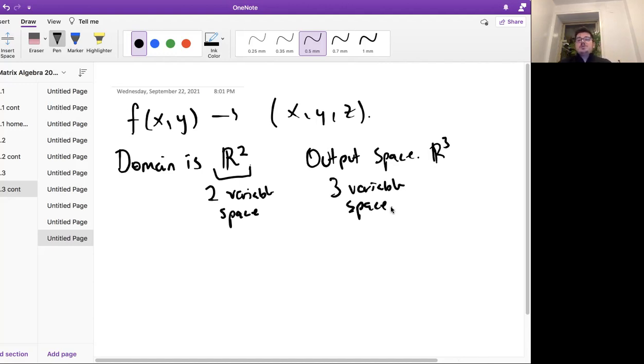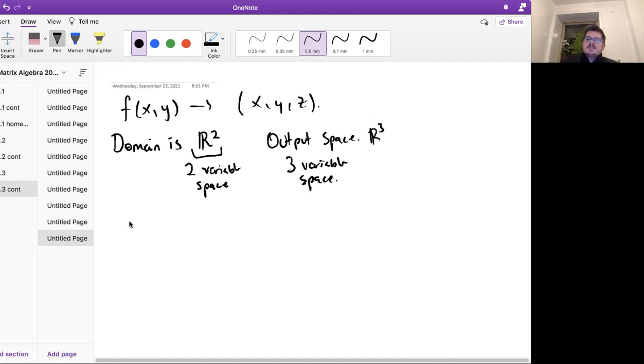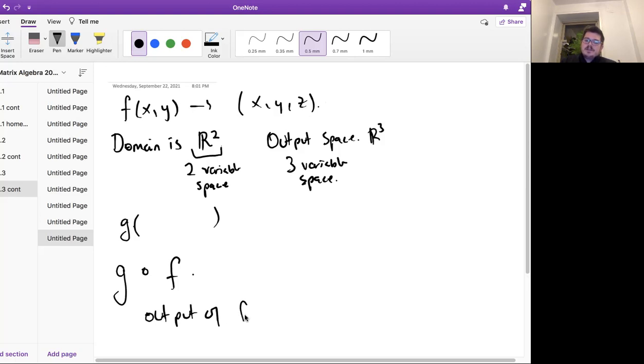So think about when we do composition. If there is some g, what does the input space need to be if I want to do g of f? If f outputs something in 3 coordinates, what must the input for g be? The output of f needs to make sense for the input of g.